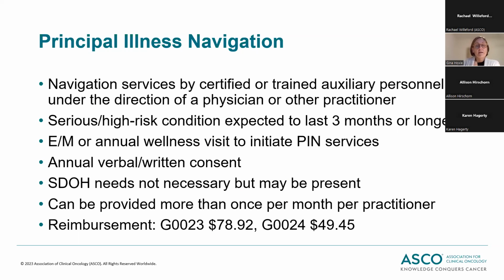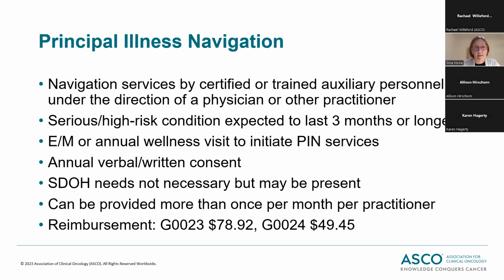Social determinants of health needs won't necessarily be apparent. A patient may not have those needs, and they would still be able to bill principal illness navigation. The point of this is really to make sure that those who have those serious illnesses such as cancer, that you can navigate them and make sure that they get the appropriate services that they need.